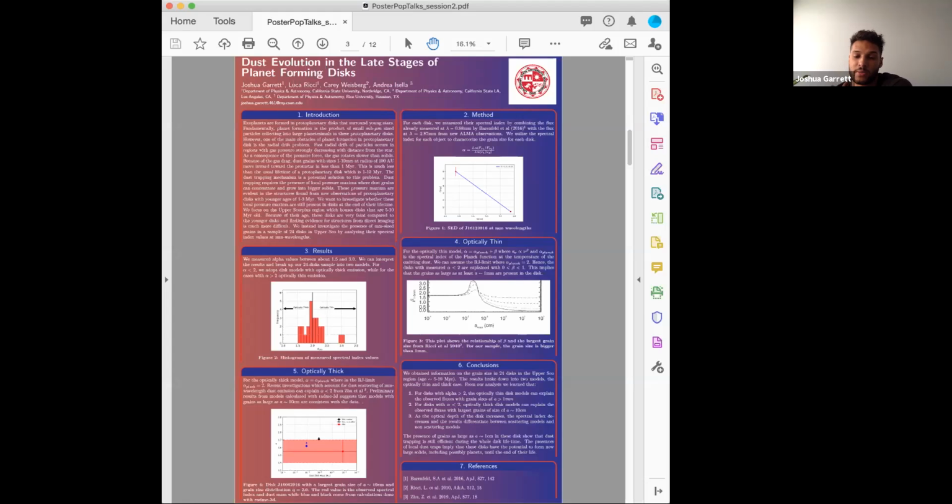Dust trapping is a potential solution to the radial drift problem, in which grains concentrate in local pressure maxima along the disk. We focus on the spectral index of 24 protoplanetary disks in Upper Scorpius. This region is about 5 to 10 million years old. From the spectral index, we infer grain sizes, and we confirm whether or not dust trapping is an efficient mechanism throughout the disk lifetime.